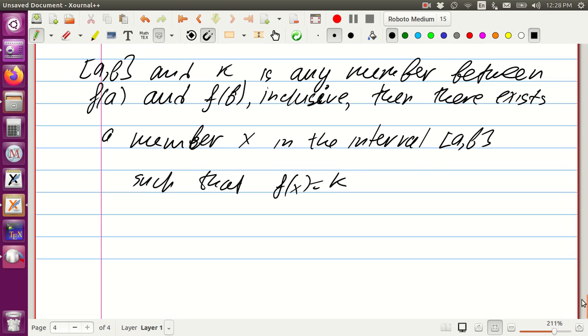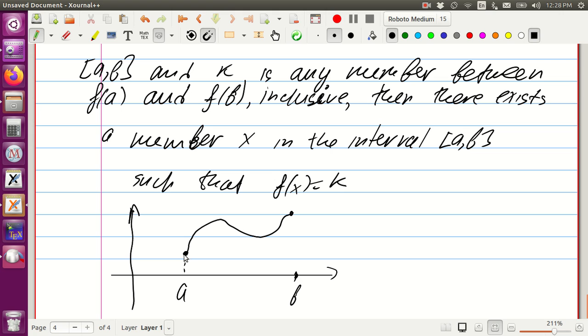So let's look at it geometrically. We have a continuous function from A to B, some kind of a curve going from A to B. And this is f of A over here, and this is f of B over here.